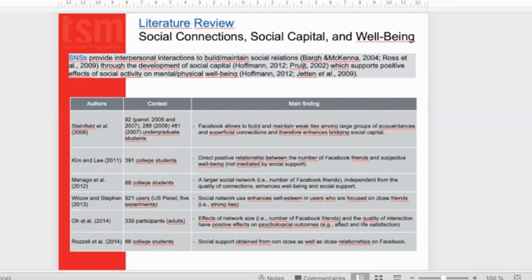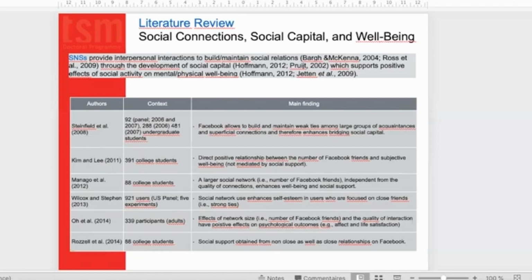So in our presentation, I have here a table. I would not recommend going too much into detail, but we quickly showed that there are only few studies really studying the impact of social capital on well-being. At the time we had 6.